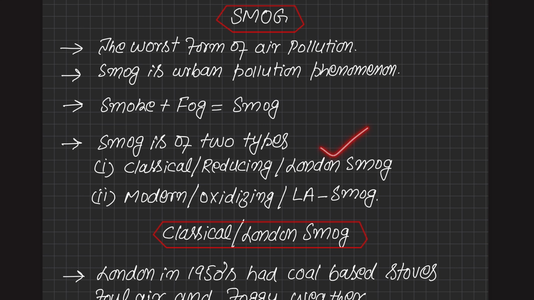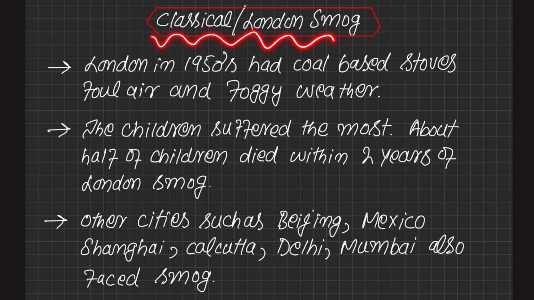The first was the London smog, whose chemical nature was reducing, so it is called reducing or classical smog, whereas the second incident happened in Los Angeles and the nature of that smog was oxidizing. It is called modern smog because nowadays the smog that appears in the atmosphere is oxidizing in nature. So today's lecture is mostly focused on classical or London smog.